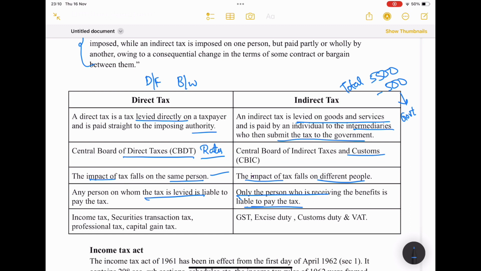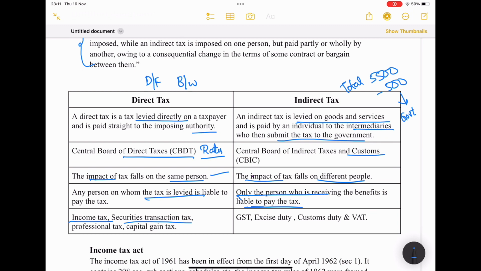So next point, we have types of taxes, types of direct tax. Majorly we are going to study the income tax and securities transaction tax. What do you mean by income tax? We know the tax paid on the income earned is known as income tax. In simple terms everyone will say that.